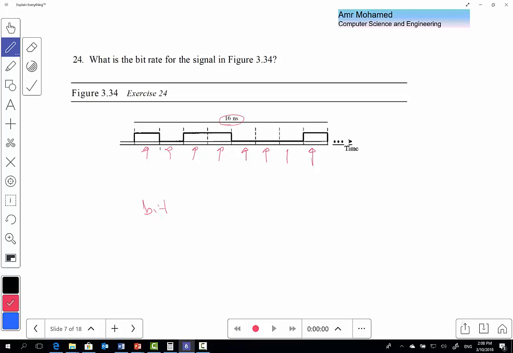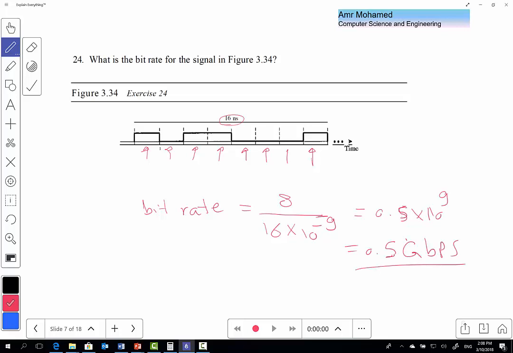Bit rate equals 8 bits divided by 16 times 10 to the power minus 9. Nanosecond is minus 9. So that's 0.5 times 10 to the power 9. So that's 0.5 gigabits per second. Okay.